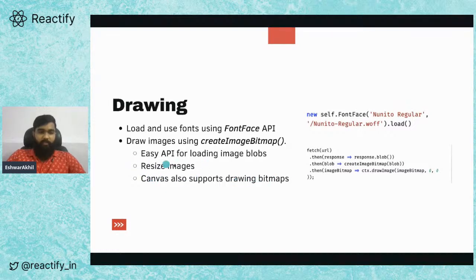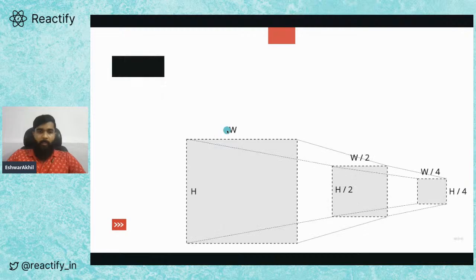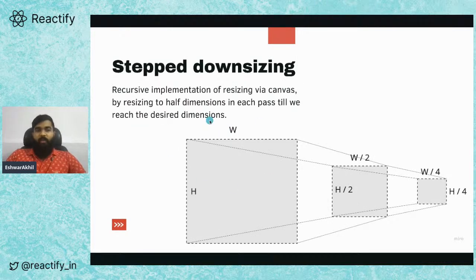And resizing images, I will explain this now. When you have to downscale an image from, let's say, a resolution of 800 by 800 to 200 by 200, if you make a direct downscale from 800 to 200, the results can be somewhat jagged.